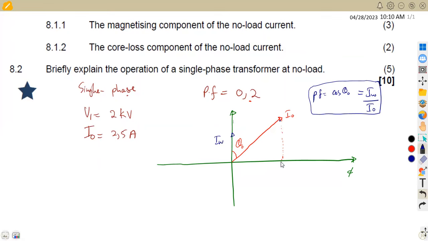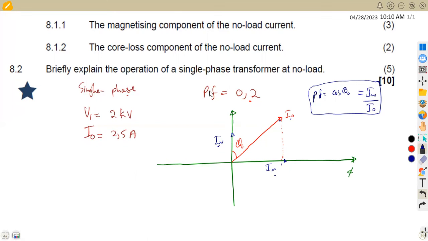This is where we are going to have the magnetizing component, our IM. So what is most important is the no load current, the working current, the magnetizing component, and the voltage and so forth.